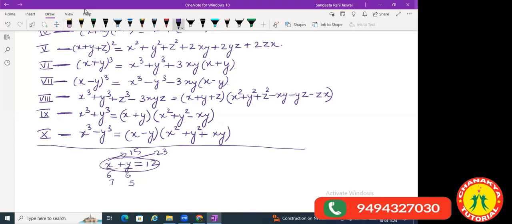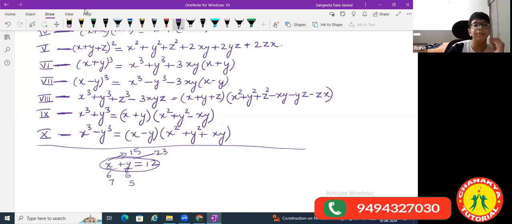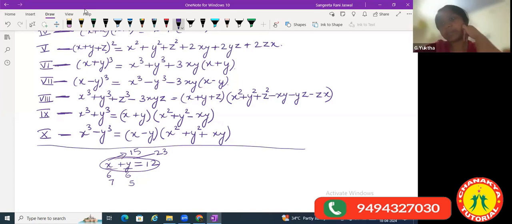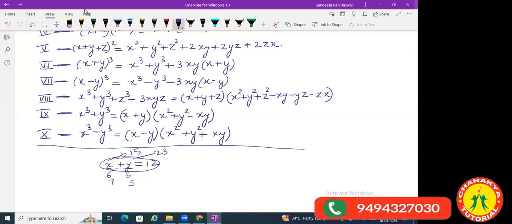अब आपको समझ में आया क्या मतलब होता है आइडेंटिटीज? क्या होती हैं आइडेंटिटीज? How are they different from other equations? Got it? Identities are those formulae or identities that hold true for all values of x and y.